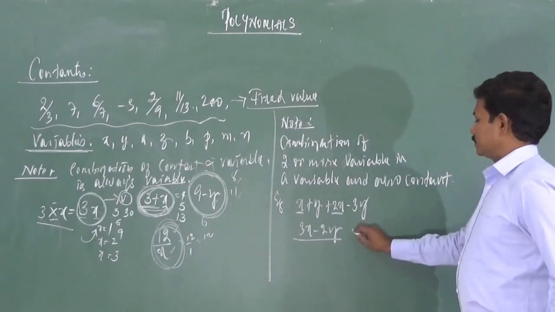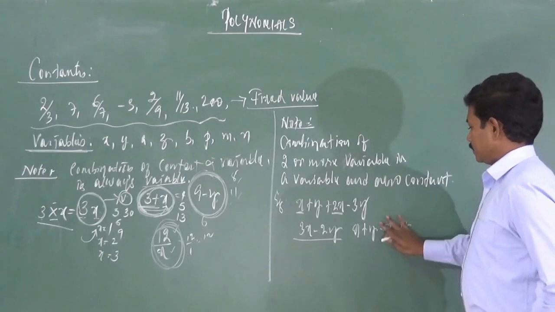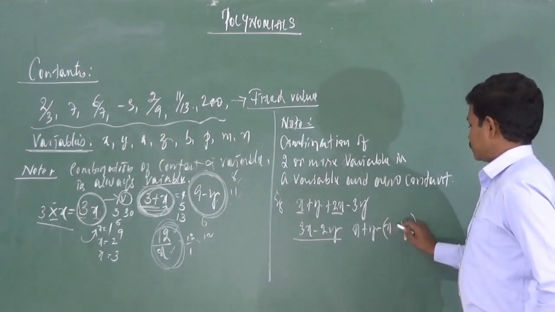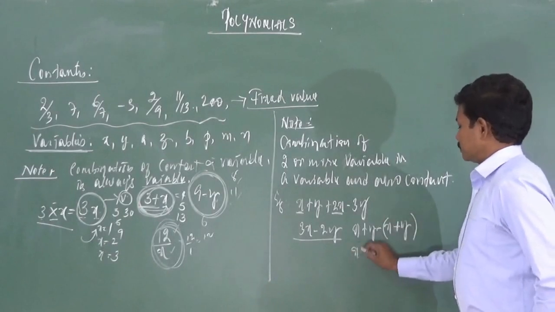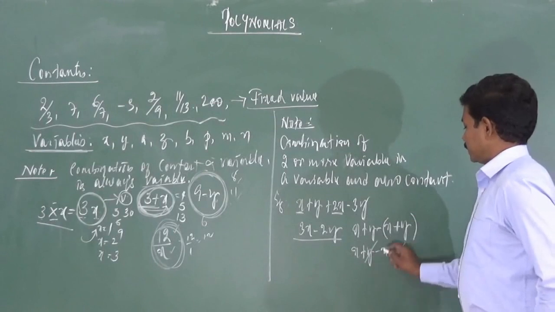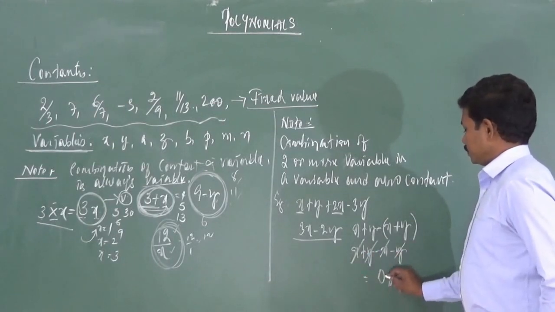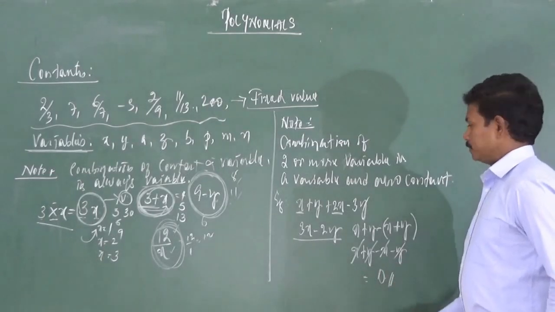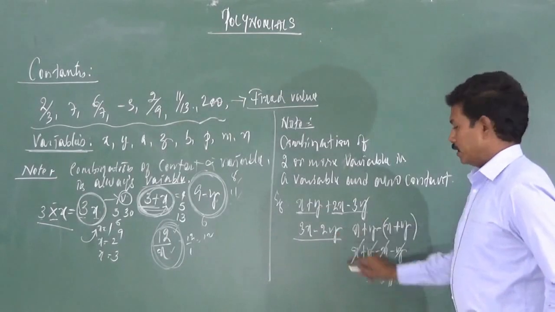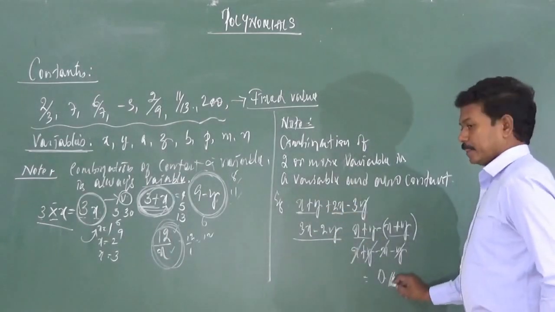Sometimes it happens, x plus y minus x minus y, or you can take it like this, minus of x plus y. When you take this, x plus y minus x minus y becomes: minus y plus y cancels, minus x plus x cancels. So the answer becomes 0 here. 0 is a constant. So a combination of variables is a variable, and sometimes it will be a constant also.